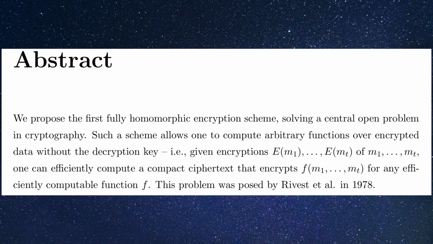And this method is known as bootstrapping. And Vitalik talks about this in one of his blogs that he wrote in 2020, and he goes into detail about it. And he also talks about other methods to deal with noise and noise growth, like using matrices. So if you would like to dive deeper into that, then you can check out his paper, which I will also link in the description.